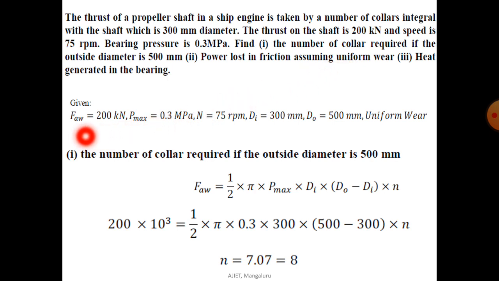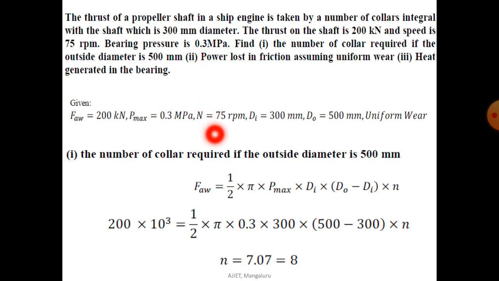Now FAW, A means axial load and W indicates uniform wear. The axial load, that is the thrust load, is given as 200 kilonewton, and the maximum pressure, because in that expression pressure will be maximum, is given as 0.3 megapascal, which is the bearing pressure.